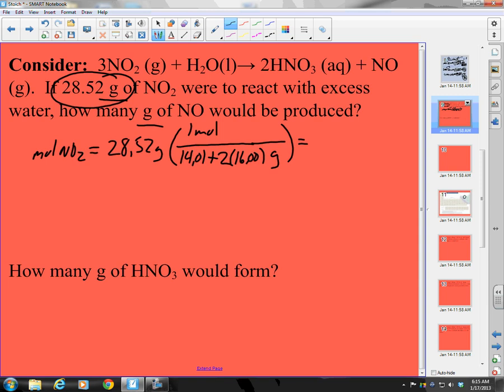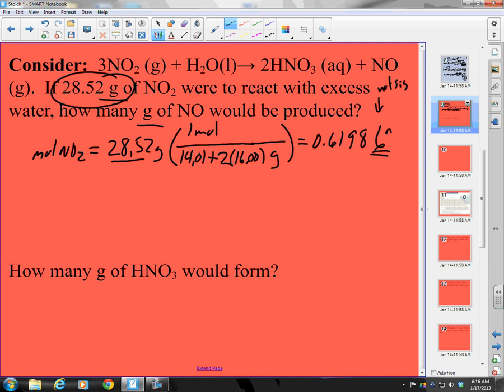So I'm going to take the inverse of that and then multiply that by 28.52. And I get 0.61986. Now notice, I have 4 sig figs here, and I have 4 sig figs in these. I want to write down 5 because I don't want to round until the very end of my answer. So I'm going to put an underline here on this 6, and that tells me this is not significant. That's just my way of doing it. You may use whatever way you wish.